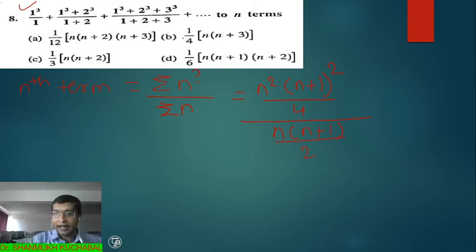Okay, further I take the denominator reciprocal, so I get n square, or else you can cancel directly. N plus 1 whole square divided by 4 into, take the reciprocal of the denominator, 2 by n into n plus 1 here. We can cancel the 2 ones are 2, twos are 1, n gets cancelled, one n plus 1 gets cancelled. So we get the answer as n into n plus 1 divided by 2.